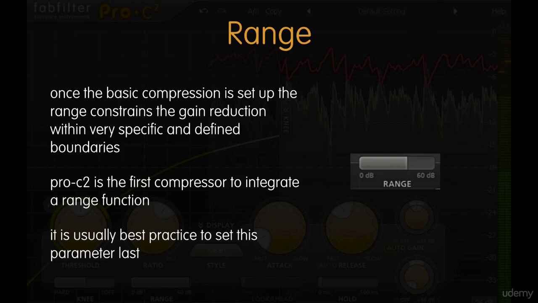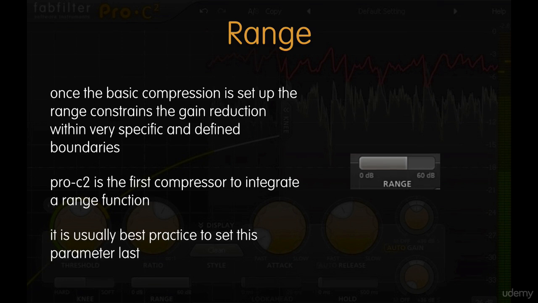Another incredibly cool thing on Pro C2 is the range. What the range does is it can constrain the amount of gain reduction to a certain depth. It's like a depth limiter. So you can do lots and lots of compression, but only have it stop at 1 dB of gain reduction or 2 dB or 3 dB of gain reduction.